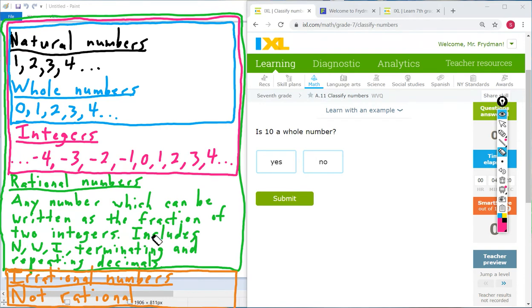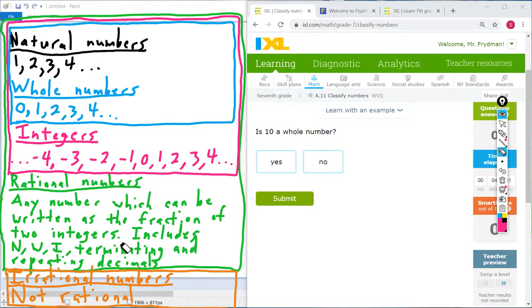And that includes, when I say NWI here, I mean that includes all of the natural numbers. So all of the natural numbers are also rational numbers. All of the whole numbers are also rational numbers. And all of the integers are also rational numbers. All of them, if we wanted to, we could just put them over 1, which would be expressing them as the fraction of 2 integers.